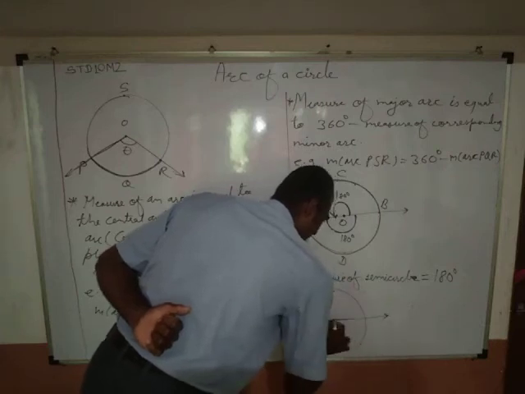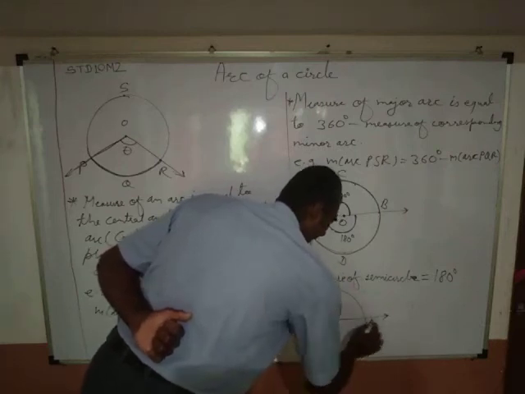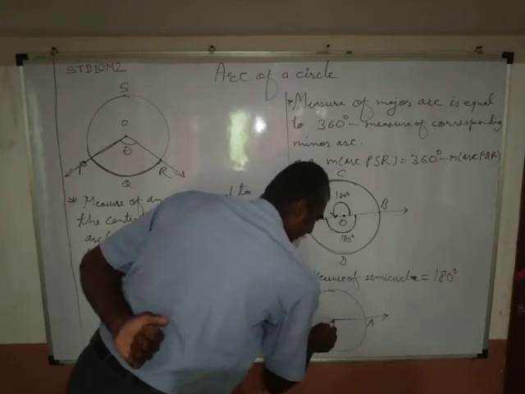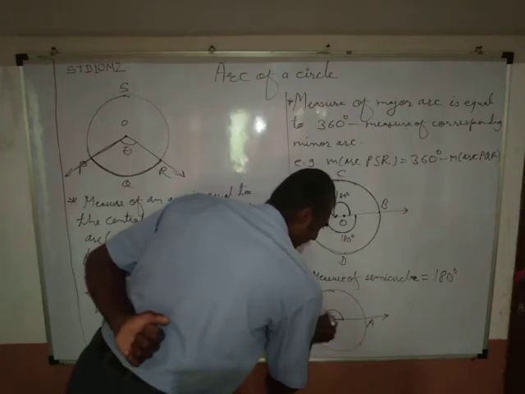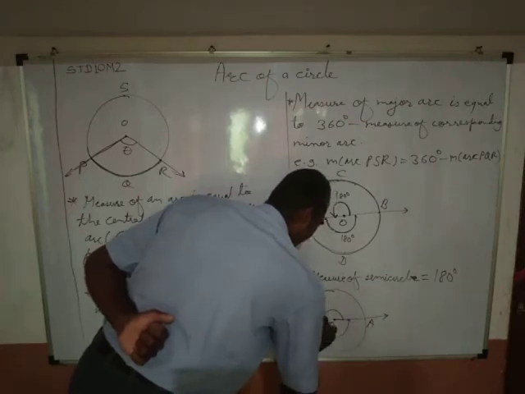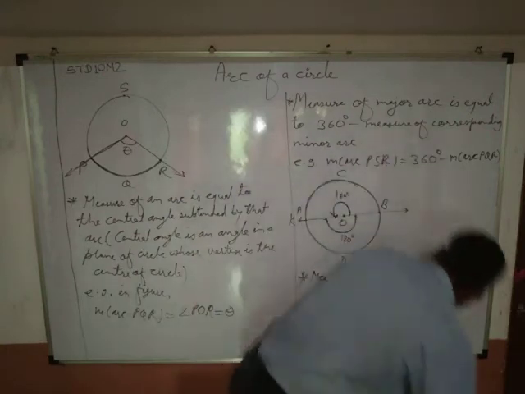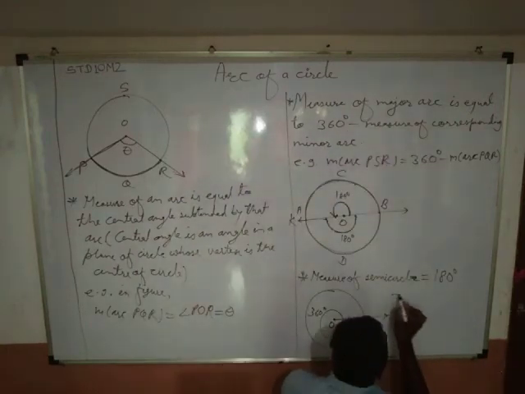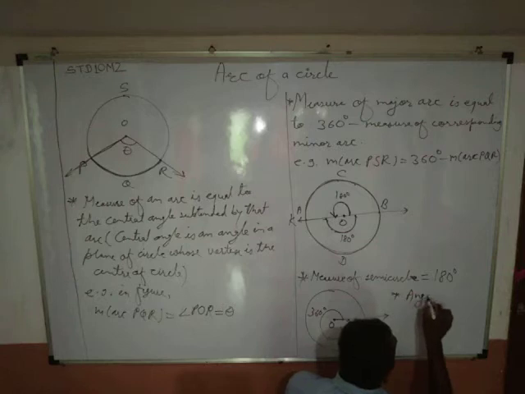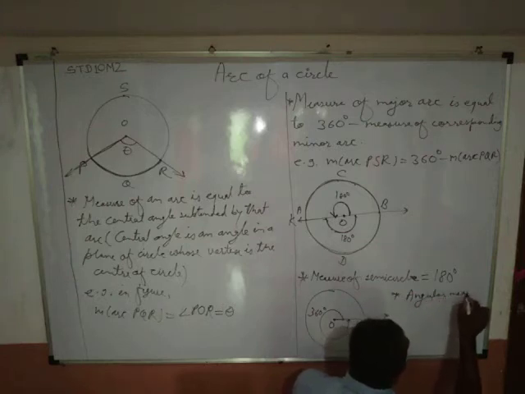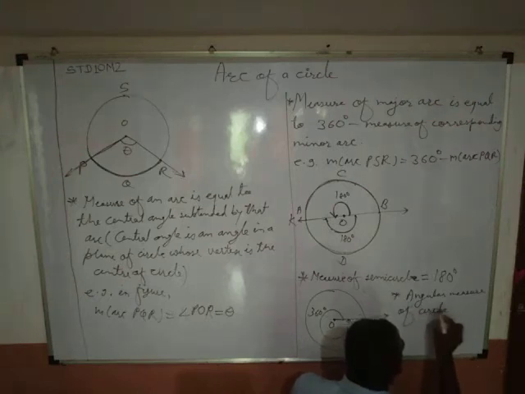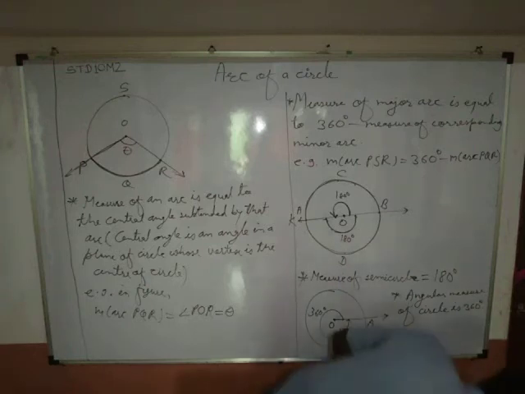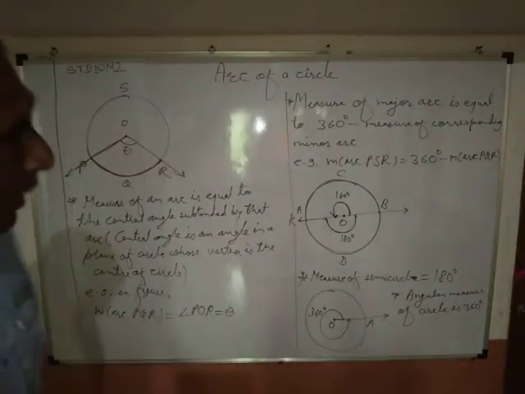Okay, if I rotate a ray about its center, then the angular measure will be 360 degree.